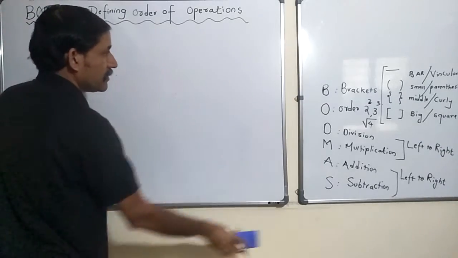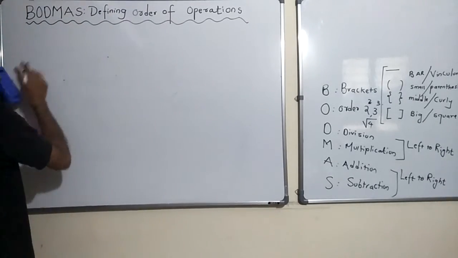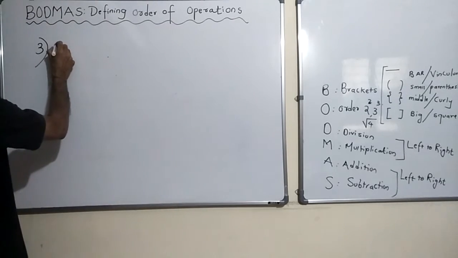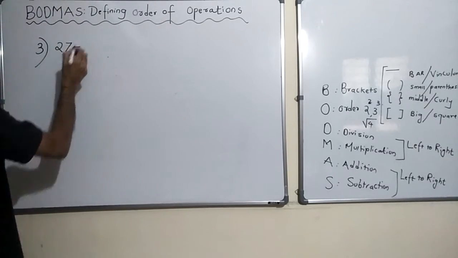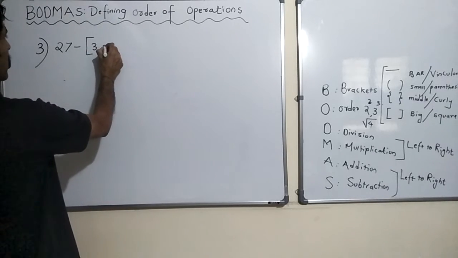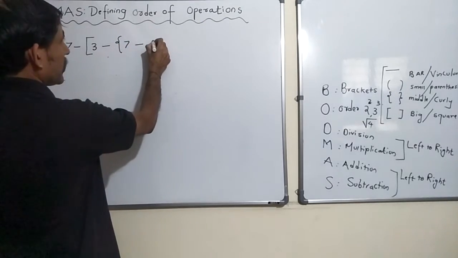Just keep looking here. I'll be referring to this side of the board so that you all understand what we are doing. Now let's take a little complex problem. Not complex if you understand the rules correctly.